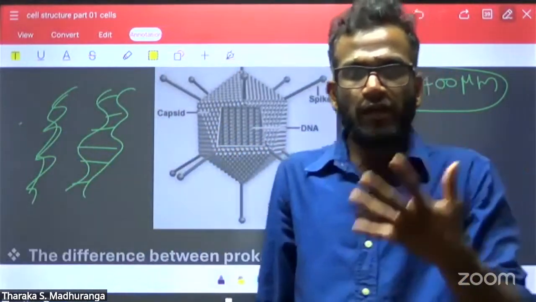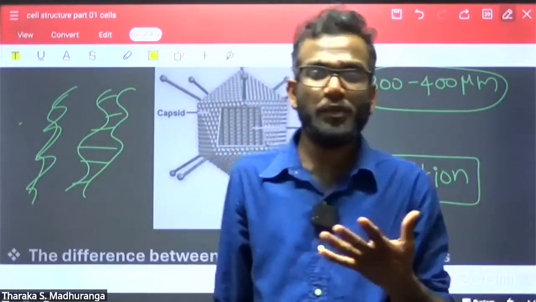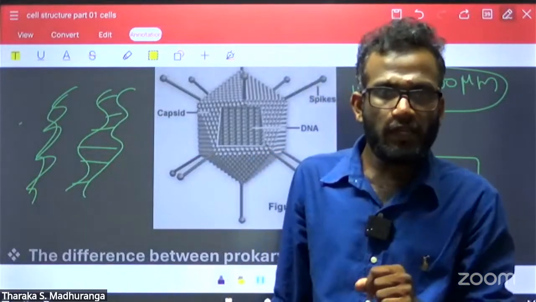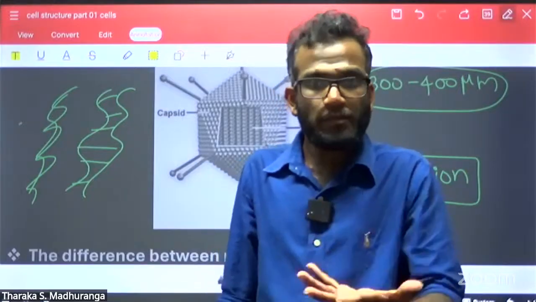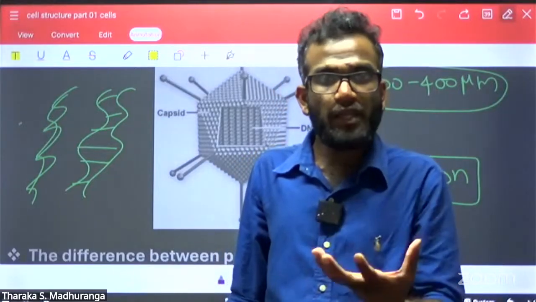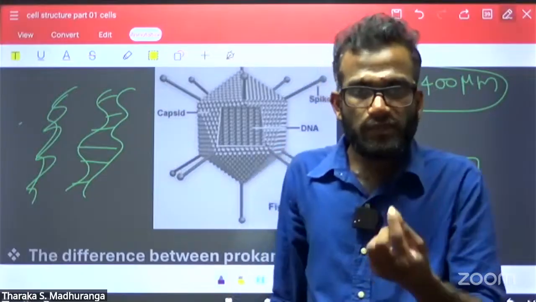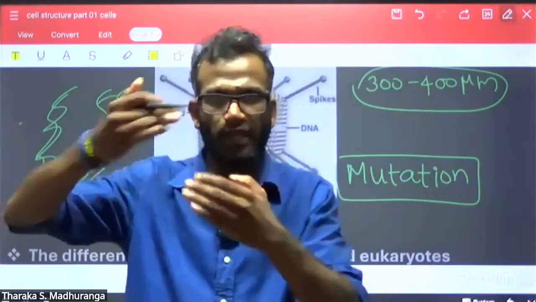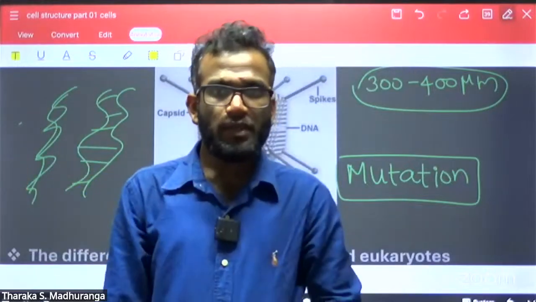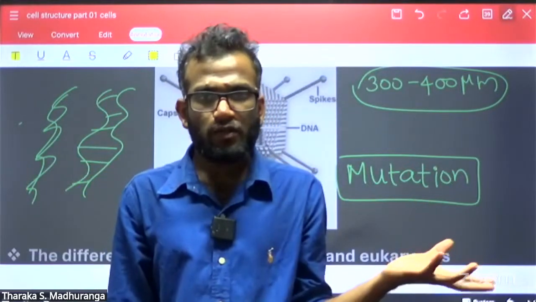Therefore, they easily mutate. You know, in the COVID-19 period, there were different types of COVID-19. The reason is the same virus, while replicating, undergoes a lot of mutations.